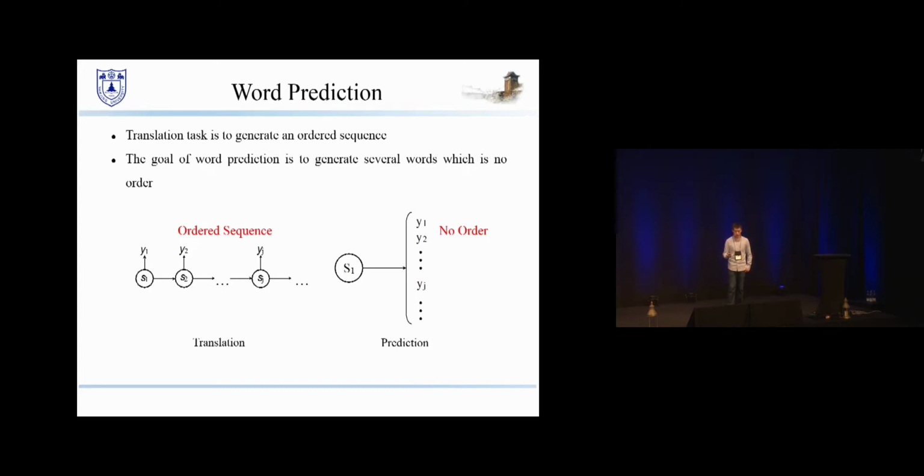The prediction task only predicts the set of words, ignoring the order, as shown in the figure. The translation task needs to translate the sequence following the order Y1 to Yj. But the prediction task only needs to ensure that these words, for example Y1, Y2, could be predicted.